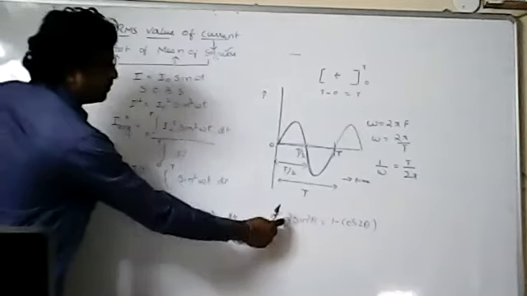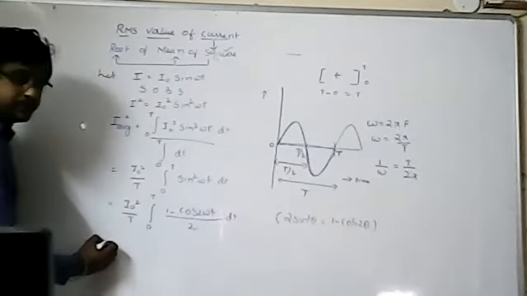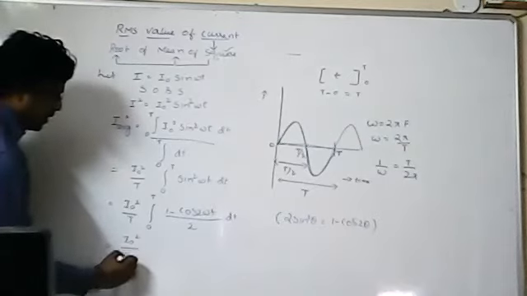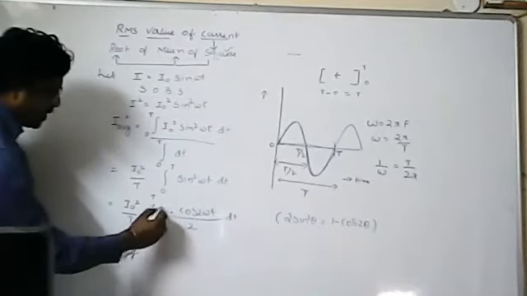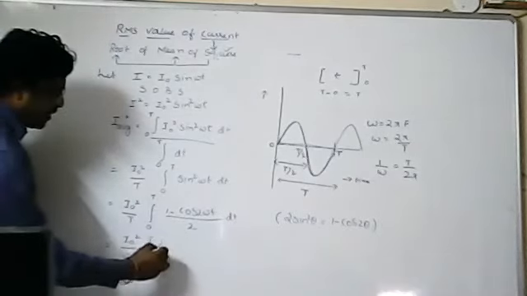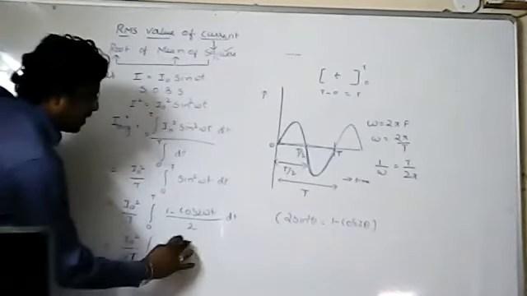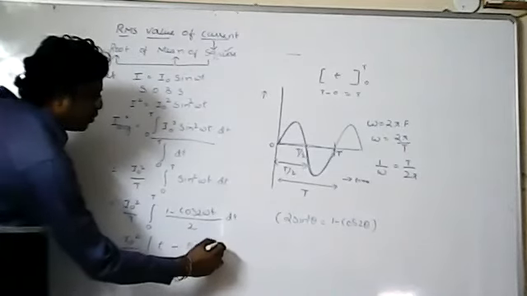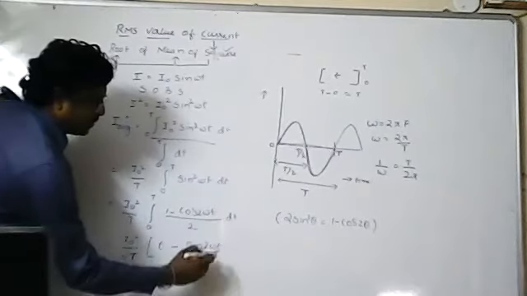This 2 will go here, so take that 2 outside: I naught square by 2T. Now integrate: if I integrate 1, it is t, minus, and if I integrate cos, it is sine 2 omega t divided by 2 omega, again differentiating this one.